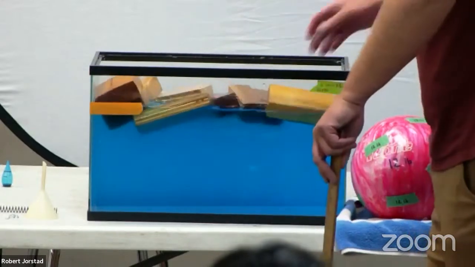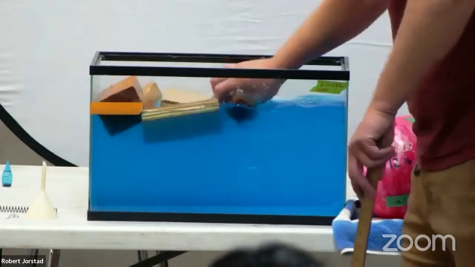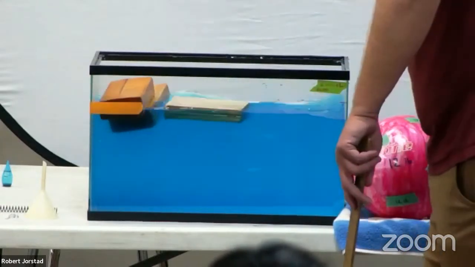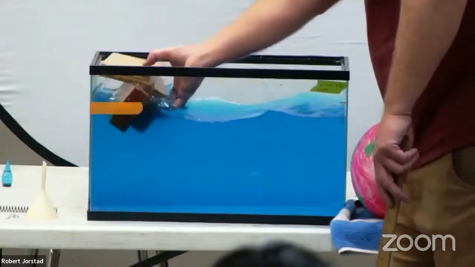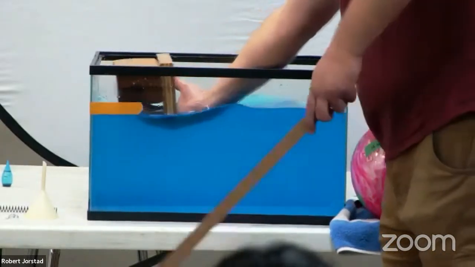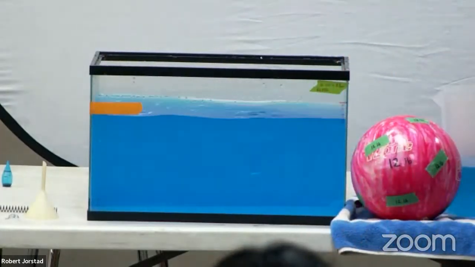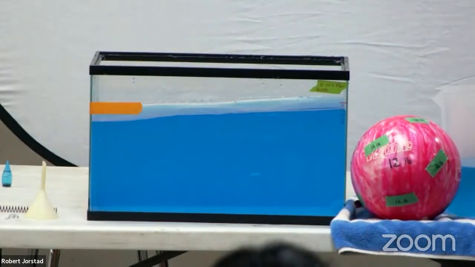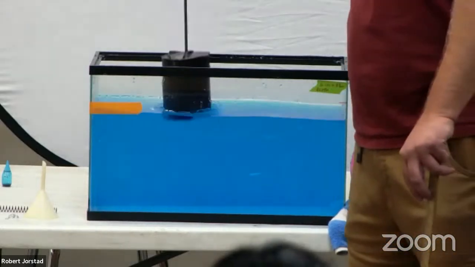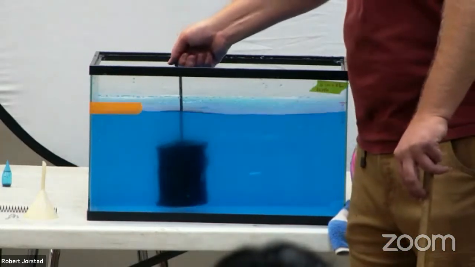Now, to be fair, some problems are different. Come on, blocks. What if I just have some iron and I put this in there?